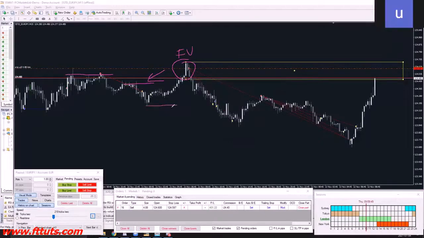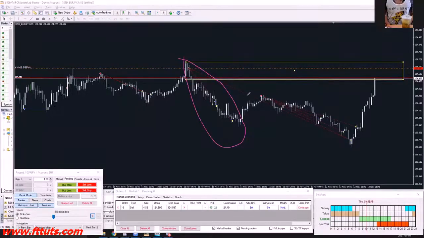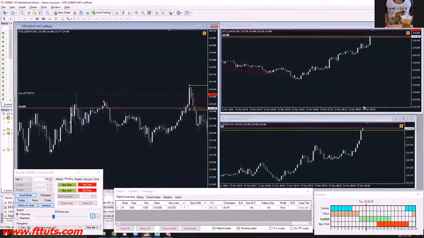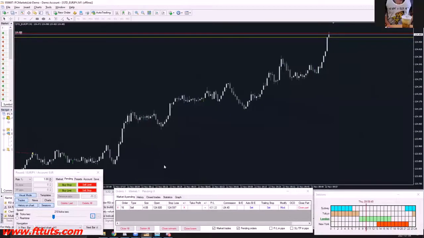And then we have a BOS here to the downside, multi-BOS actually, right? And then after the BOS, what did price do? Price formed equals. Let's see what price does here. I'm going to slow it down a little bit just because I'm going to look for my confirmation entry now in this area.